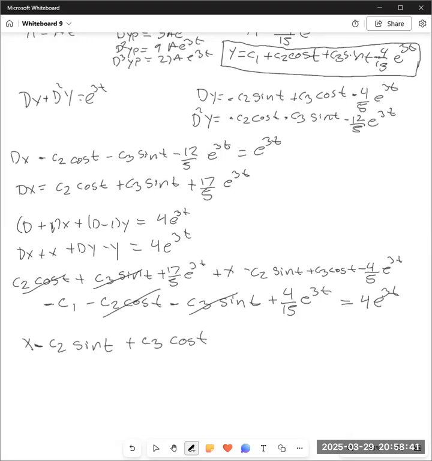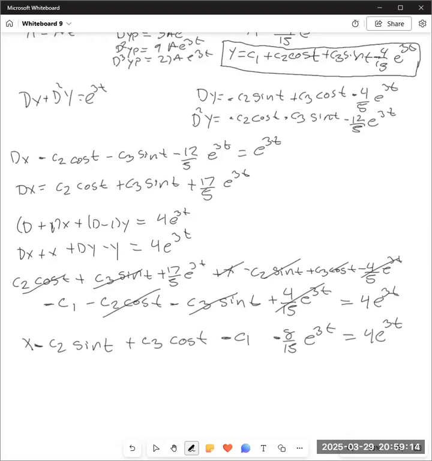So that's minus 12, and then that's plus 4, is minus 8 over 15 e to the 3t. So this, this, this, this is accounted for. I still have a minus c1 here, and that is 4e to the 3t on the right-hand side.